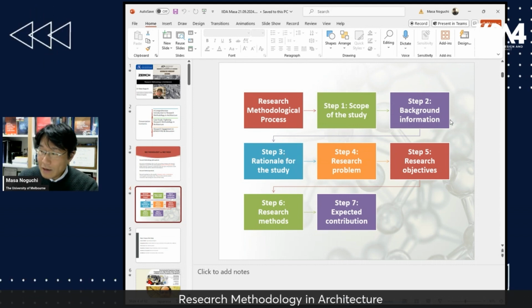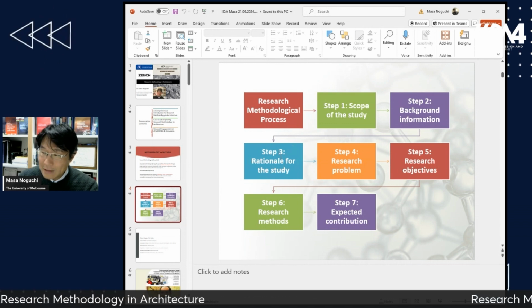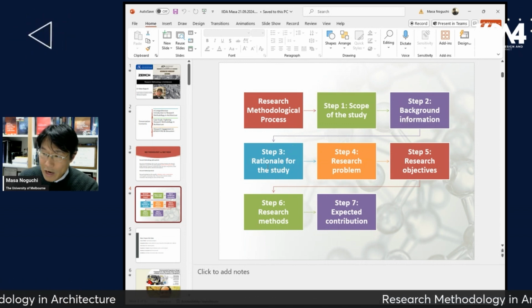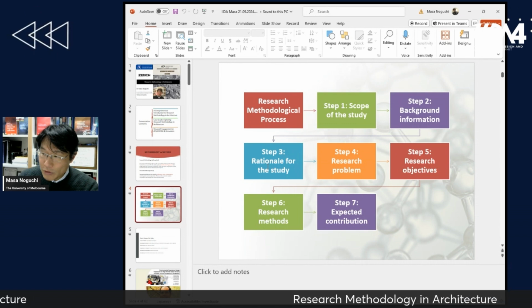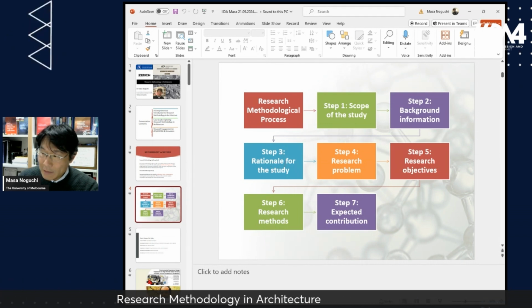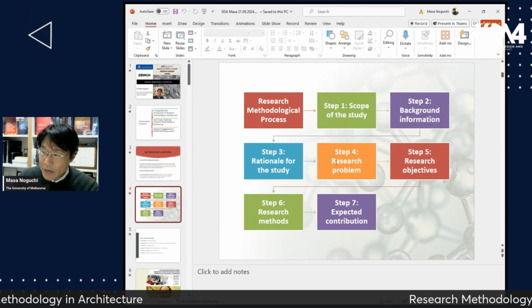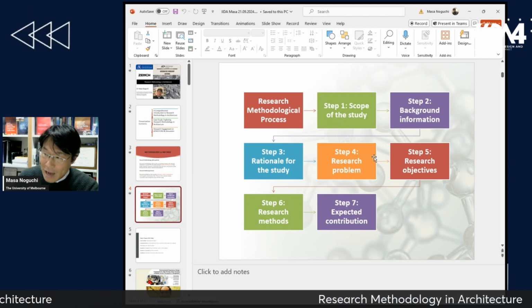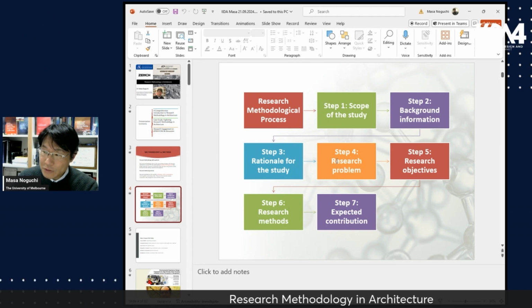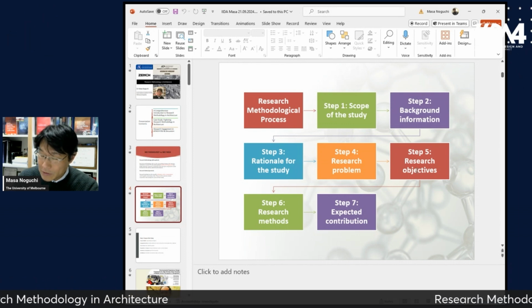Step three, based on the background information, is to rationalize the study: why this study is so important. Based on the rationale, research questions and research problems will be identified. In order to answer the research problems or questions, some actions take place, which is step five, research objectives.